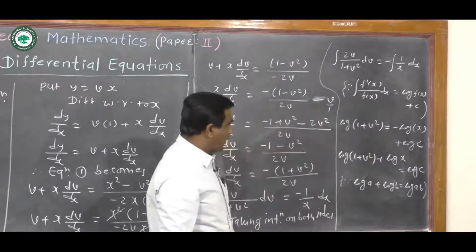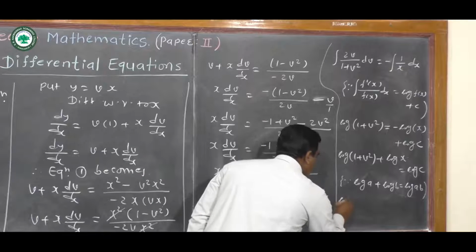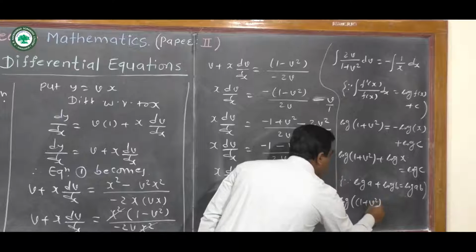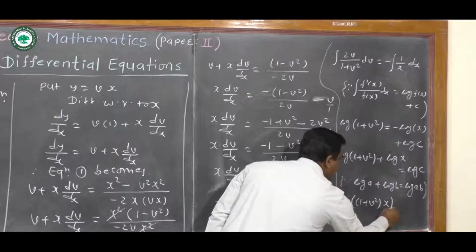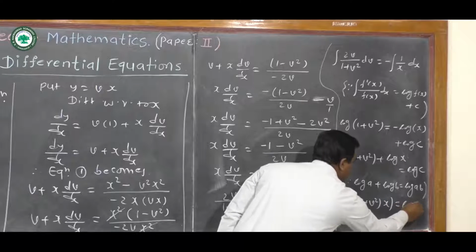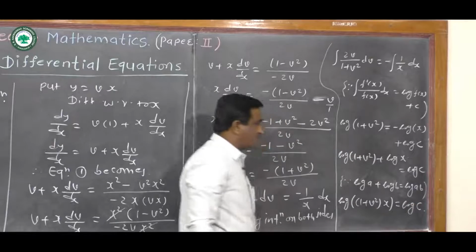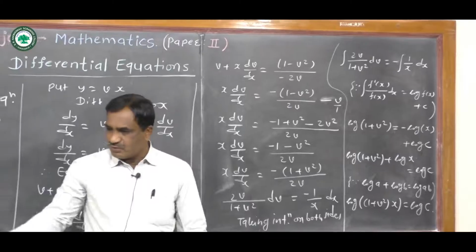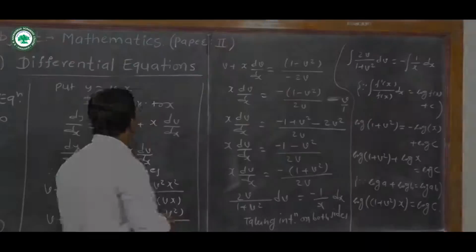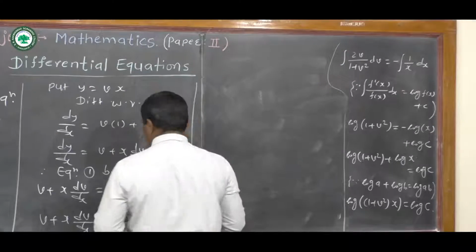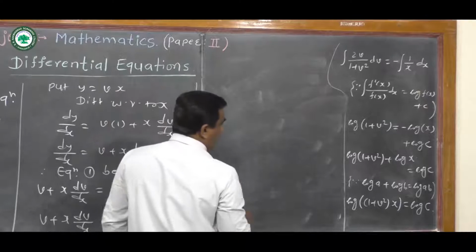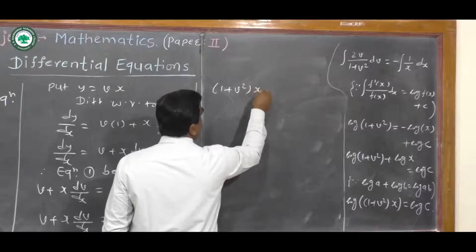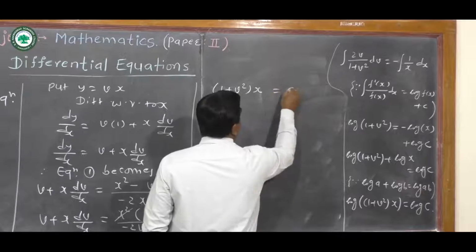Using this formula we can write log of 1 plus v square into x is equal to log c. Now log cancels out, remains only 1 plus v square into x is equal to c.